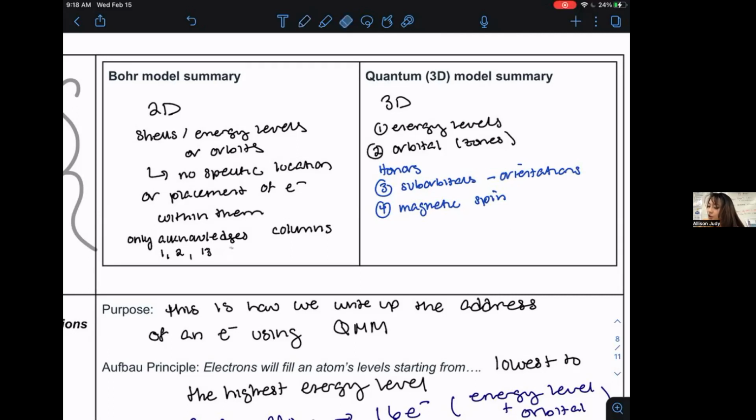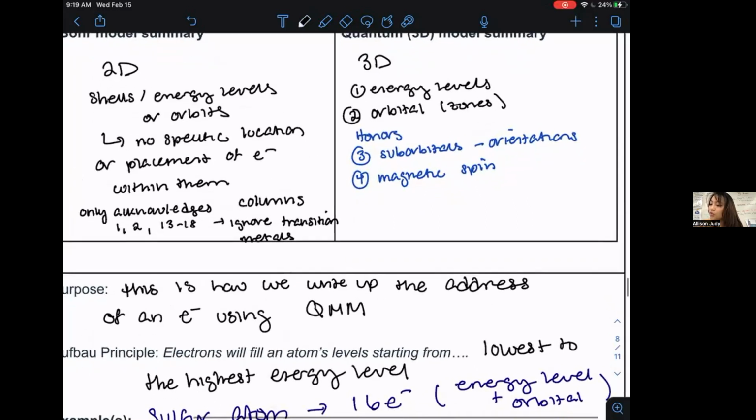It only acknowledges those elements, right? Ignoring transition metals. Another way you could put it is it ignores transition metals, like half the periodic table, more than half the periodic table, right? We can't do anything with that. The Bohr model ignores all of that.